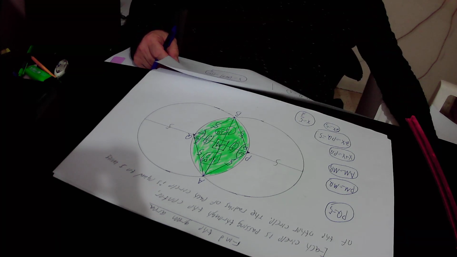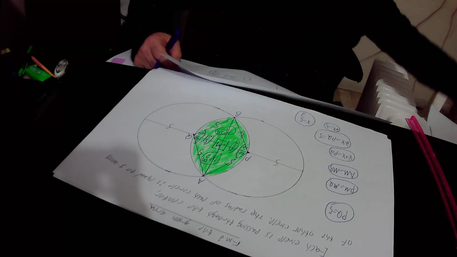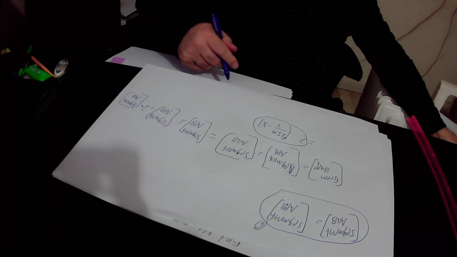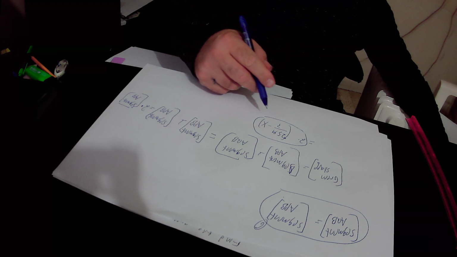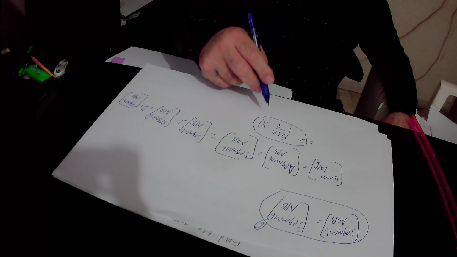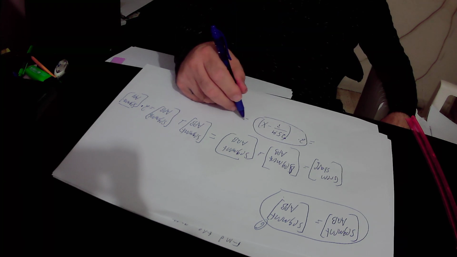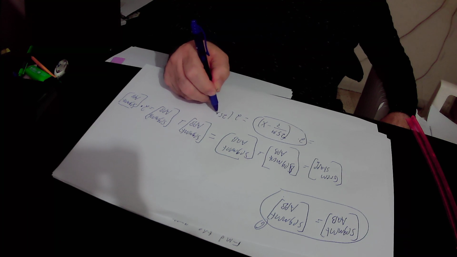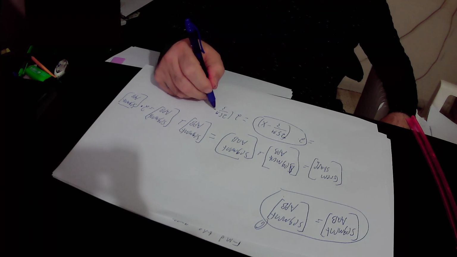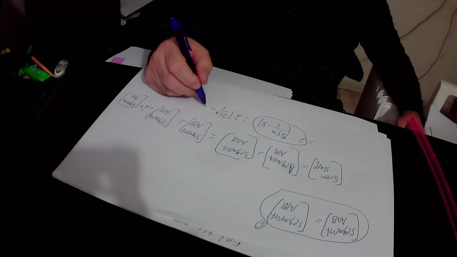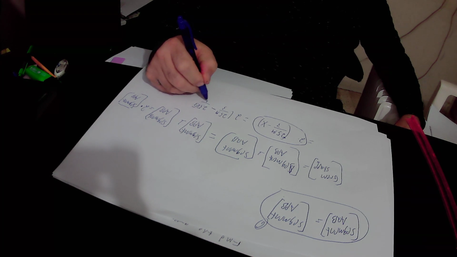And here the area of the green shape equals 2 times 25 pi over 3 minus x. We just found that x equals 25 times square root of 3 over 4.